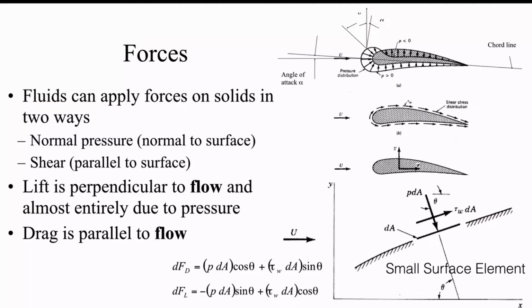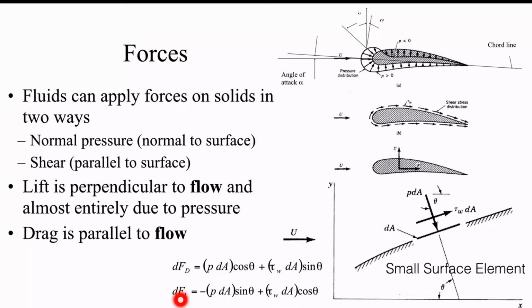And if we just go around the whole surface, considering each of these small elements at a time, we can find the small elemental force of drag on that one little area due to pressure on the projected area in the direction of the flow, and shear stress on the area in the direction of the flow.